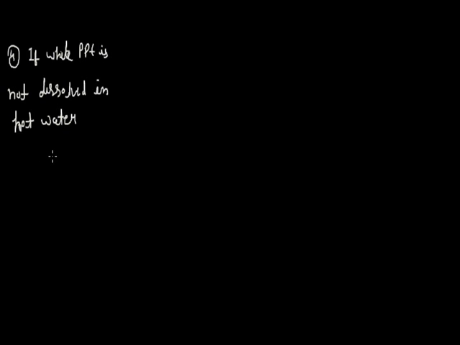So for the confirming of mercurous, Hg2 2+ or Ag+, we are dissolving this PPT in liquor ammonia, that is NH4OH. So first we are saying that if white PPT is not dissolved in hot water, then we are saying that Pb2+ is absent.